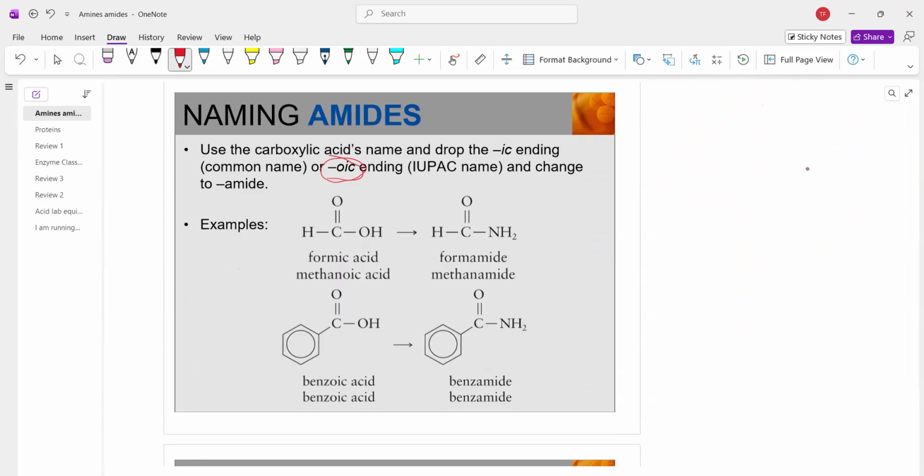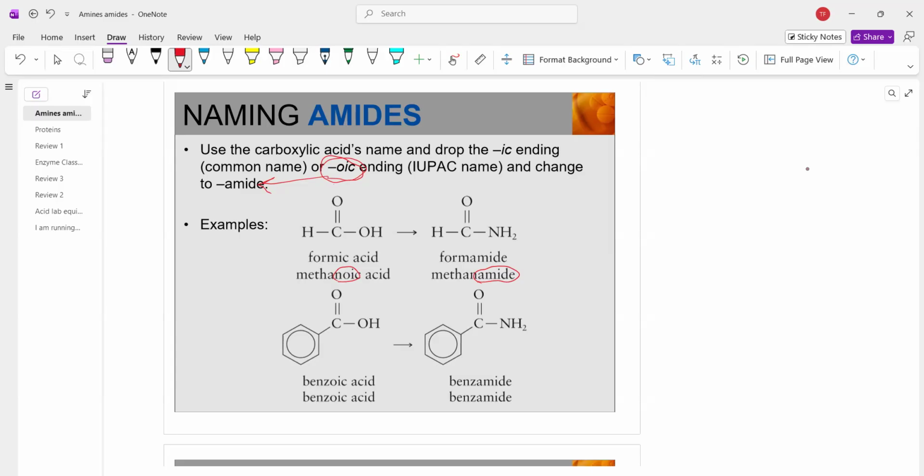So the oic from the acid goes to amide. Now, the benzoic acid forming an amine is different than the ester version because the ester we use, well, I guess it's not benzoate.